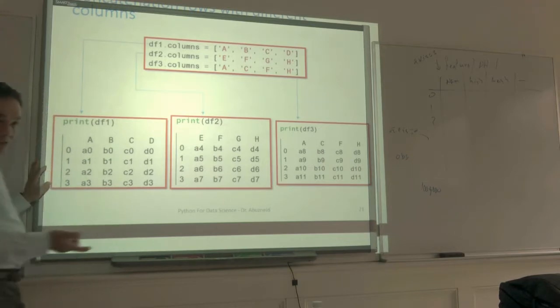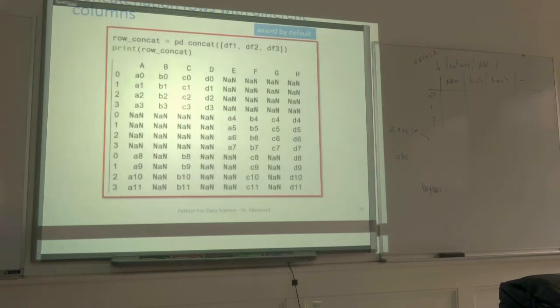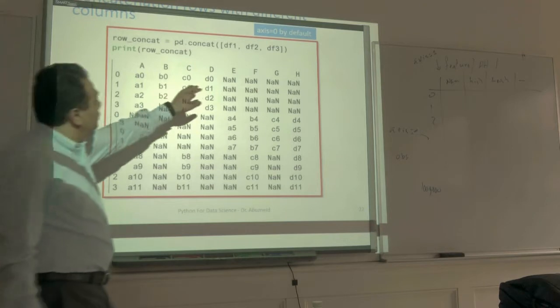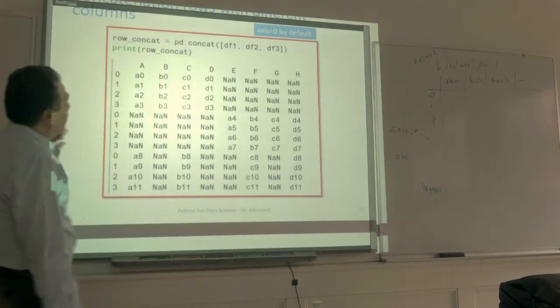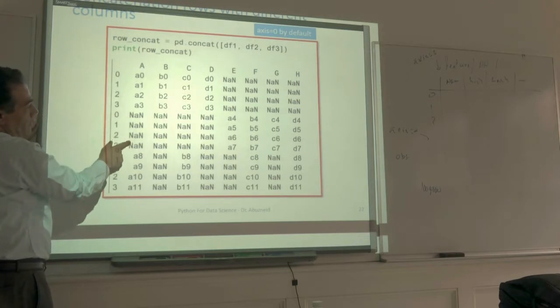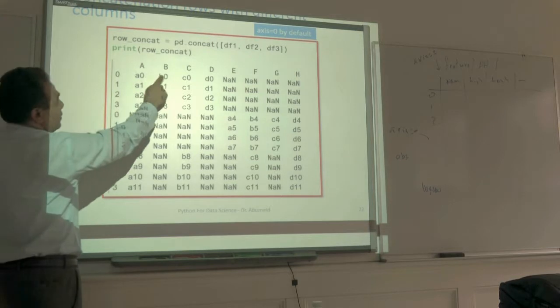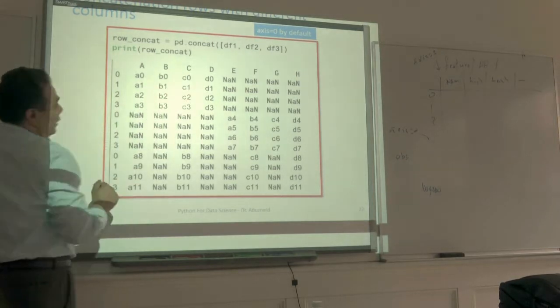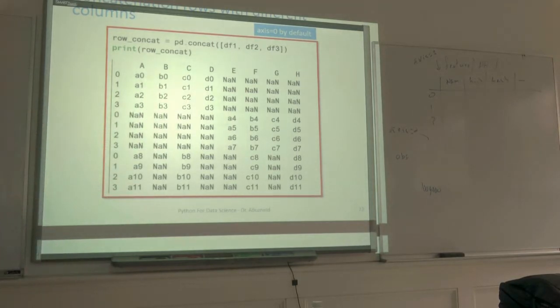Whenever it's the same, we're going to add it to the same column. If it's different, we create another column. We'll see that's exactly what happened. When we concatenated the 3 data frames and printed it, there are no values in some places. So for example, A is available in how many data frames?